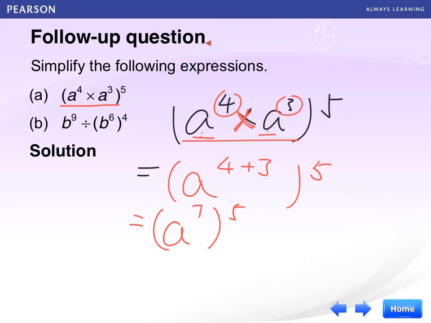So now we have a to the power 7 and then to the power 5. There is one base, power to power, so a is the base and you take the product of the two indices. As a result, it is a to the power 35.